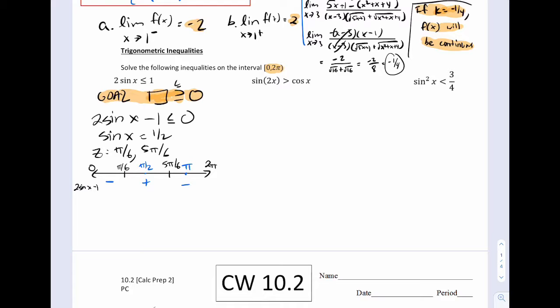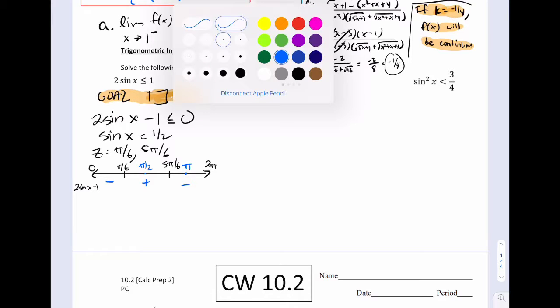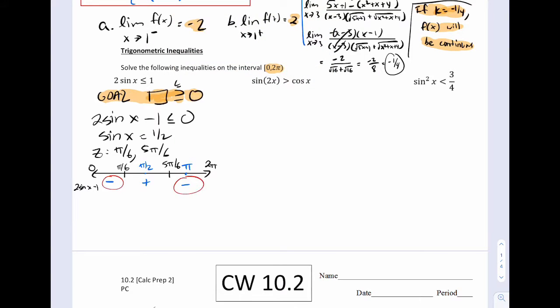And now we're going to circle our answers here and here, because those are negative, and we write it out. Inclusive 0, because that's our interval, to pi over 6, union 5 pi over 6 to 2 pi. And 2 pi we do not include because that's redundant with the 0. And there's our answer.